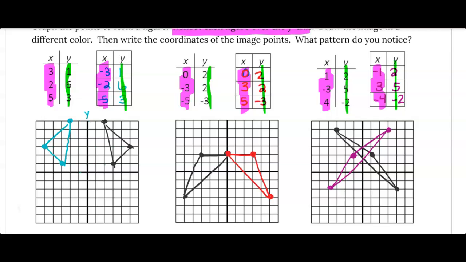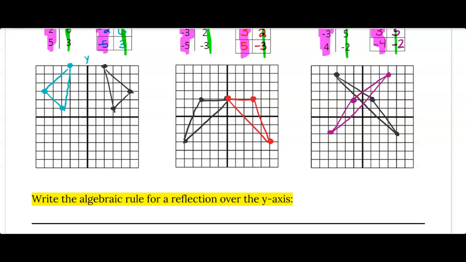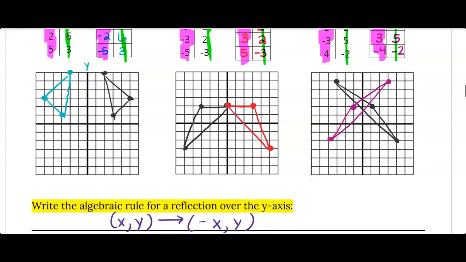So a rule that you could write is that, just like over the x-axis, your x, y is going to map to the opposite of x, y. So the sign of x will change, but the number will stay the same, and the y value will stay the same.